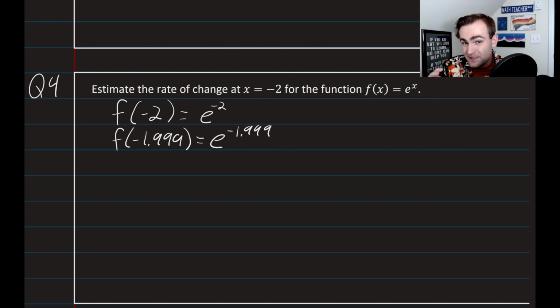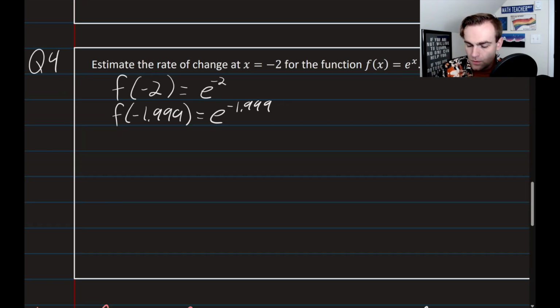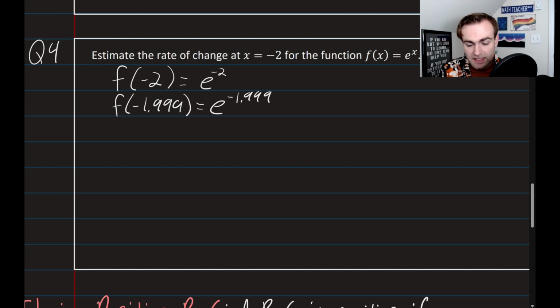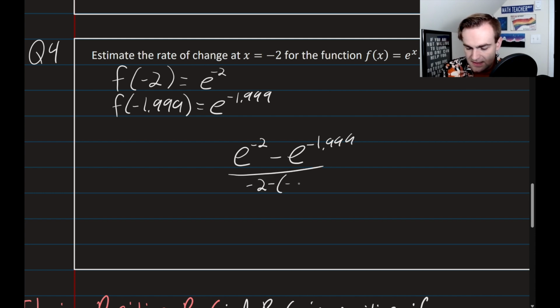We should get something roughly the same. So what I would set up in the calculator is e to the negative 2, subtract e to the negative 1.999, over negative 2 minus negative 1.999, and that is approximately 0.135.